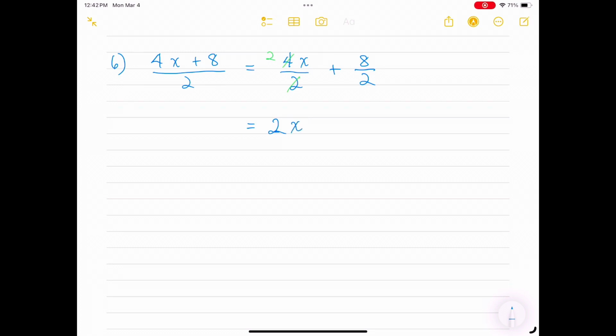We keep the plus sign, and then we simplify 8 over 2, which is 8 divided by 2, which equals 4. So we end up with 2x plus 4. We box our answer.